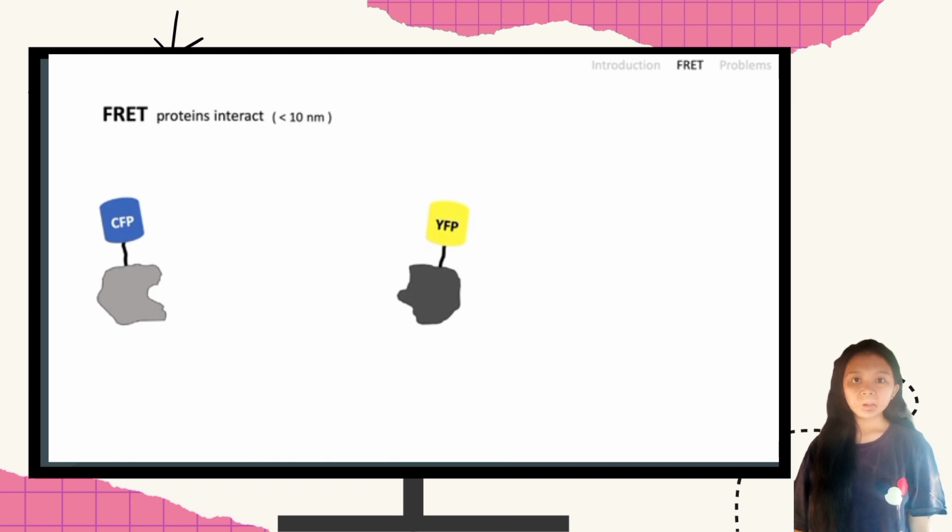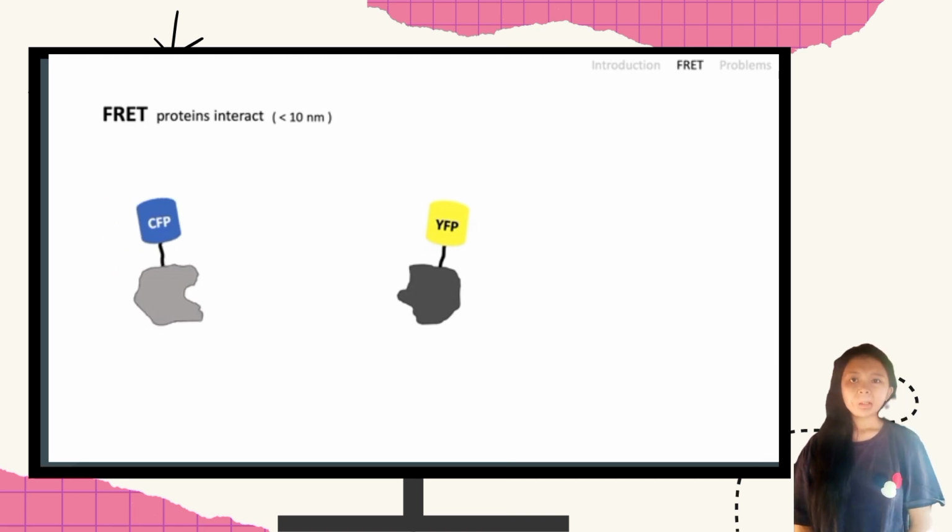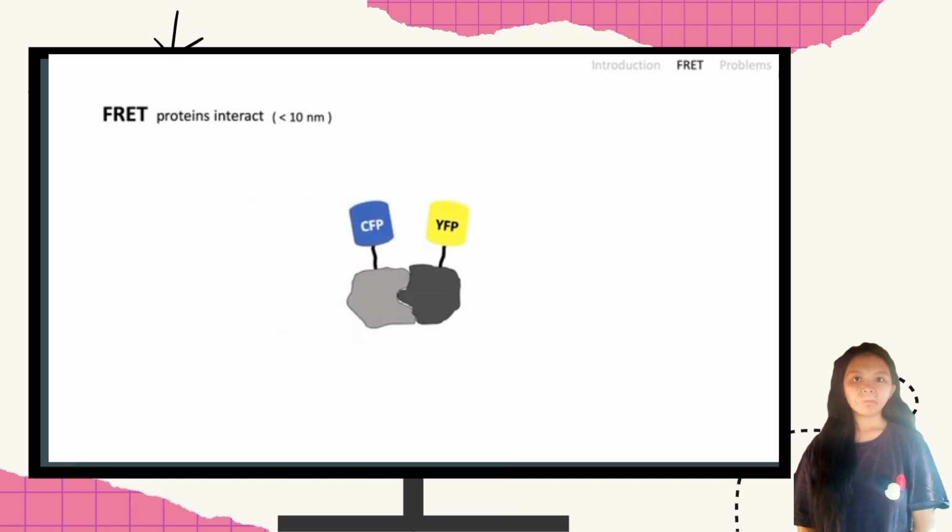As an illustration for protein-protein interaction, we have here an example where the samples interact and show what happens. The first thing is that CFP gets excited, and CFP as the donor will emit blue light.